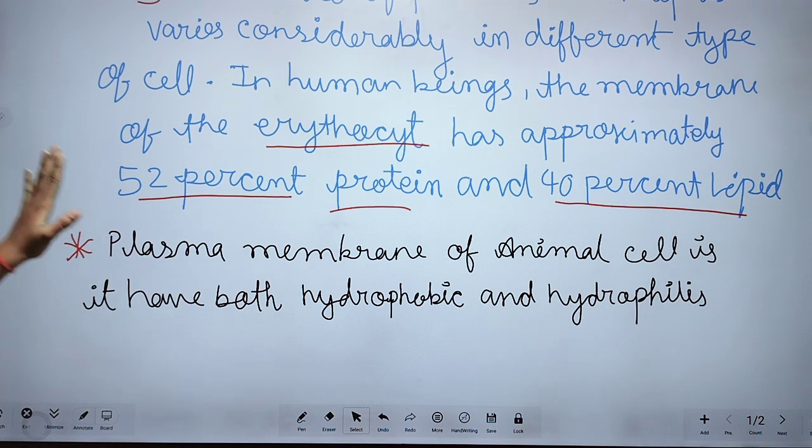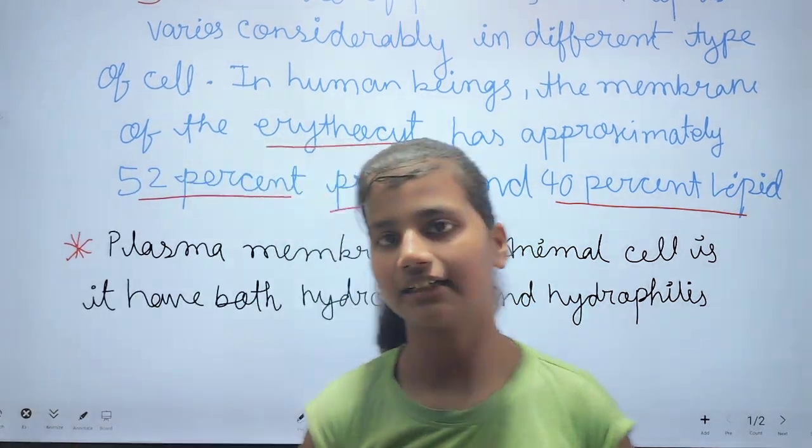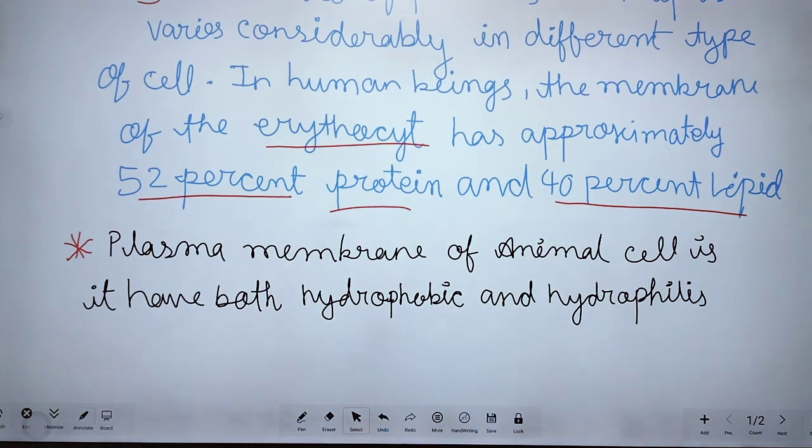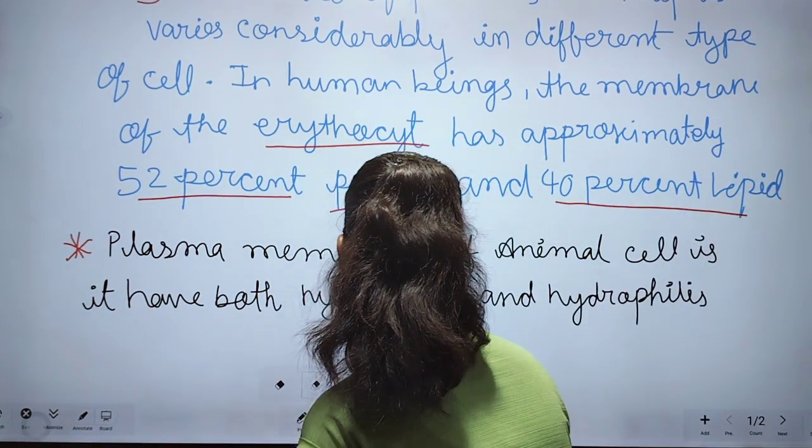And this is our last point, that the plasma membrane of animal cell has both hydrophobic and hydrophilic.